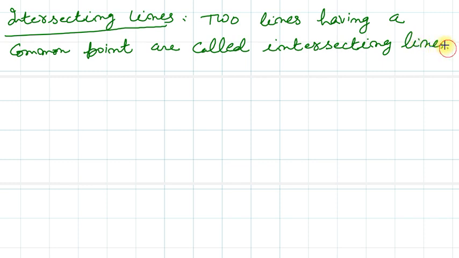Two lines having a common point are called intersecting lines.